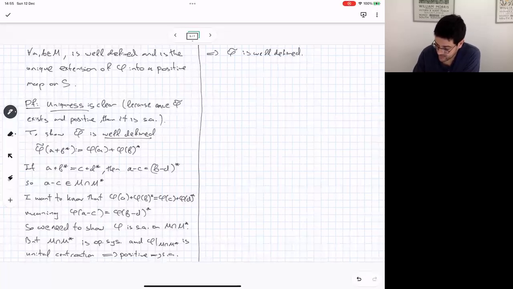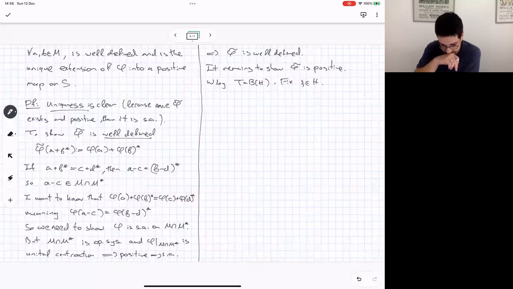Now it remains to show that phi twiddle is positive. And without loss of generality, again, we can assume that T is B of H. Fix psi in H. We want to show that psi, phi twiddle of A psi is greater than or equal to 0 for every A greater than 0.